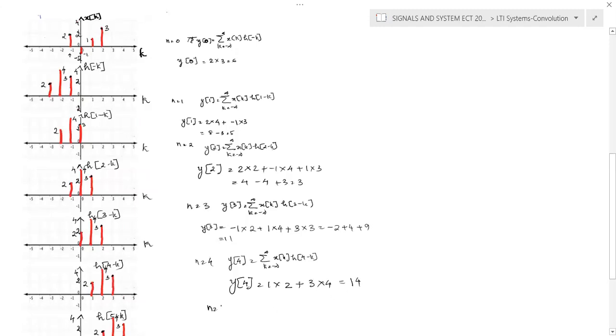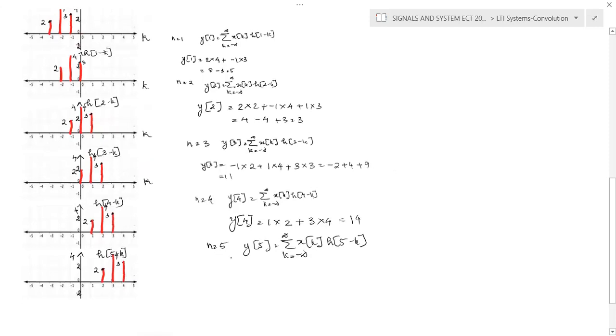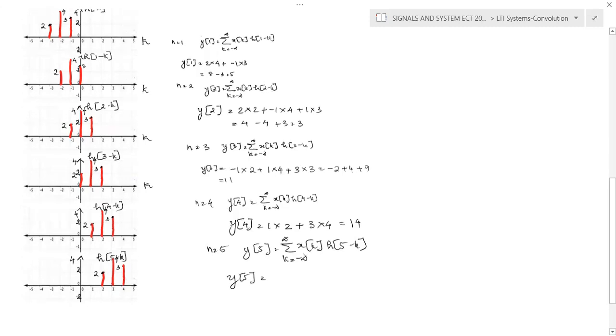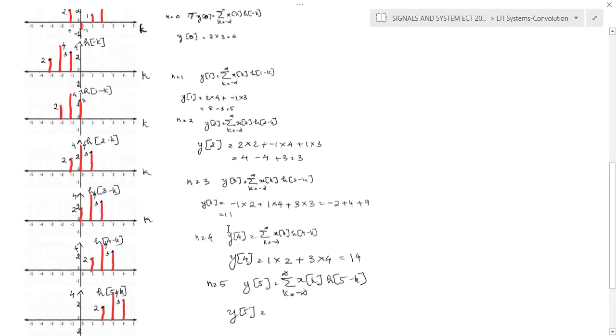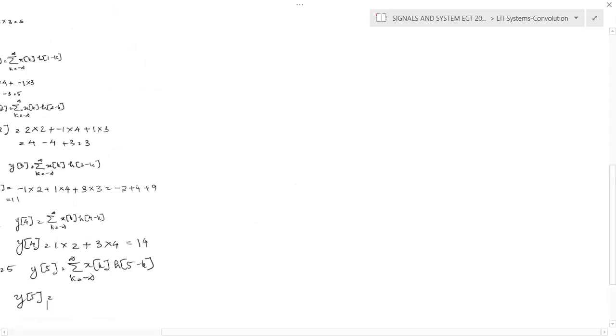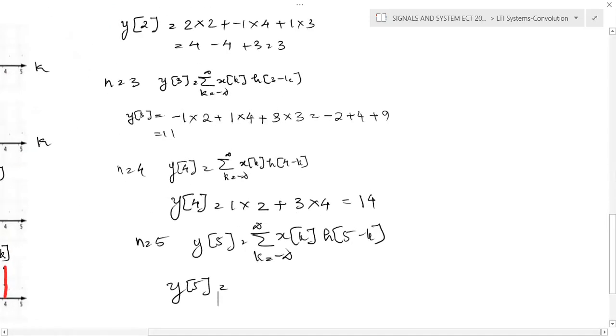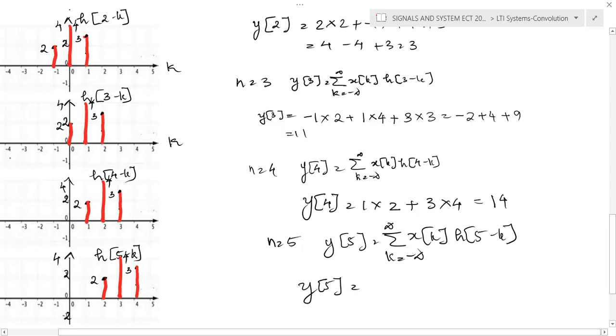Now the last case, n is equal to 5, that is y of 5. So in order to calculate y of 5, you can substitute n is equal to 5 in this particular convolution equation. So it becomes x of k into h of 5 minus k. And after substitution, y of 5 is equal to, if you observe the signal x of k, and we know that h of 5 minus k we get by simply shifting h of 4 minus k 1 unit towards right.